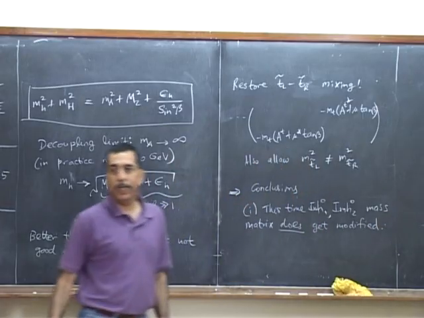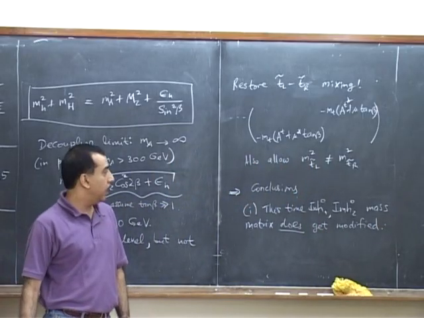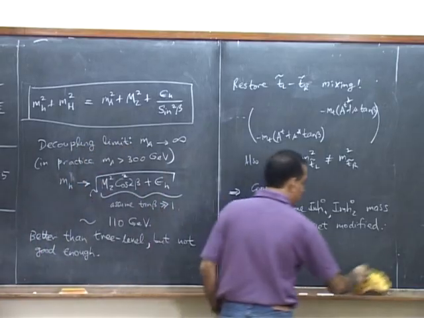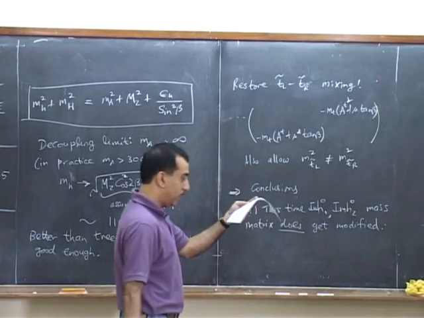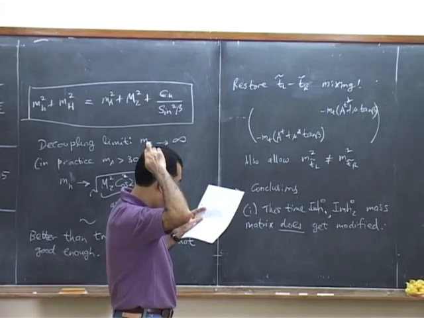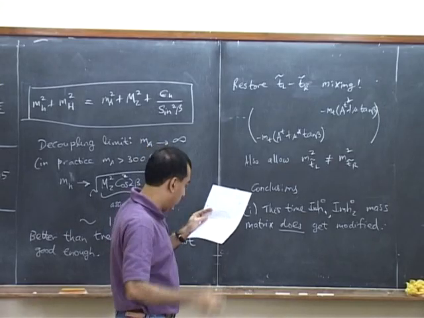Earlier, if you remember, this one didn't get a change, and only the real H1 0, real H2 0 mass matrix got changed. This time, the imaginary guy also gets modified. And the modification is rather simple. Instead of writing that, let me just give you the answer right away. Well, no, I should give you the modification.